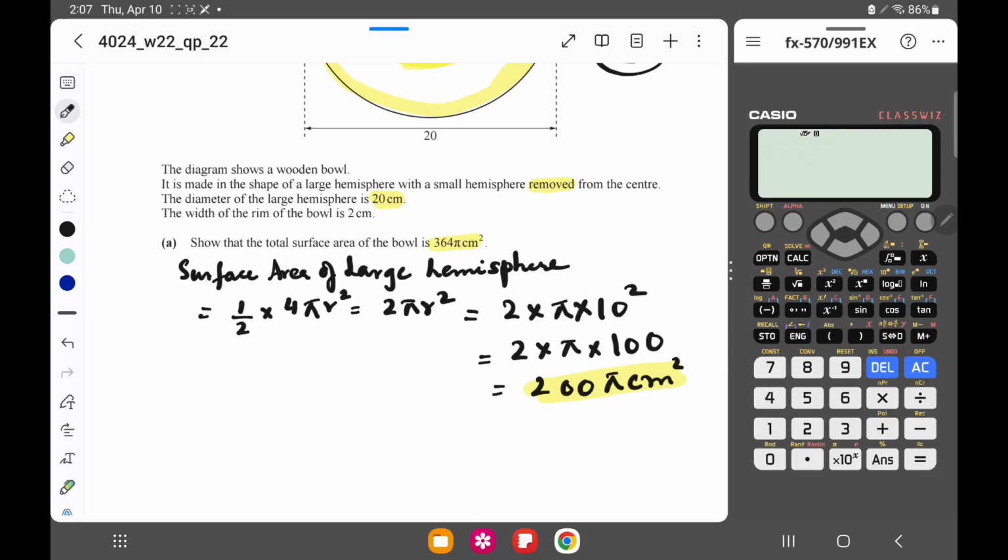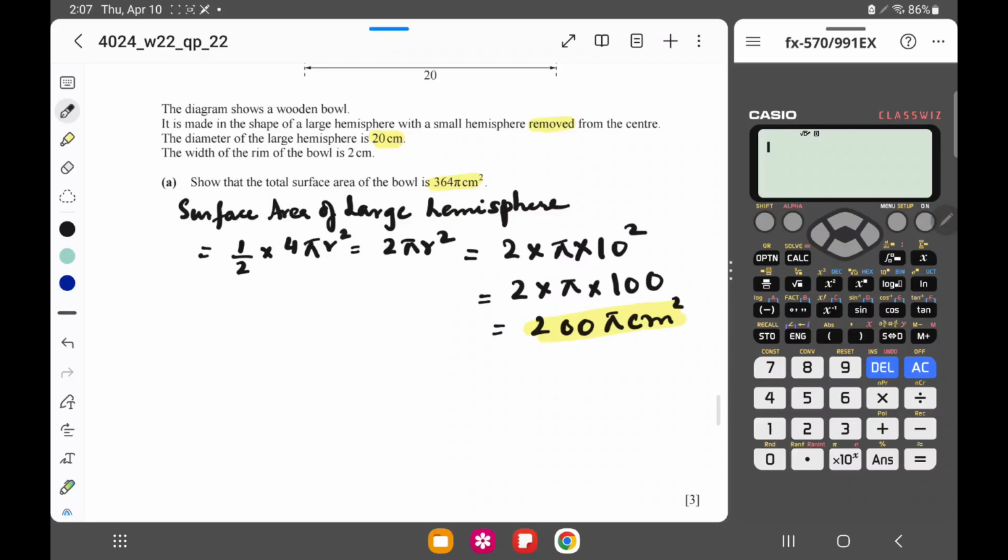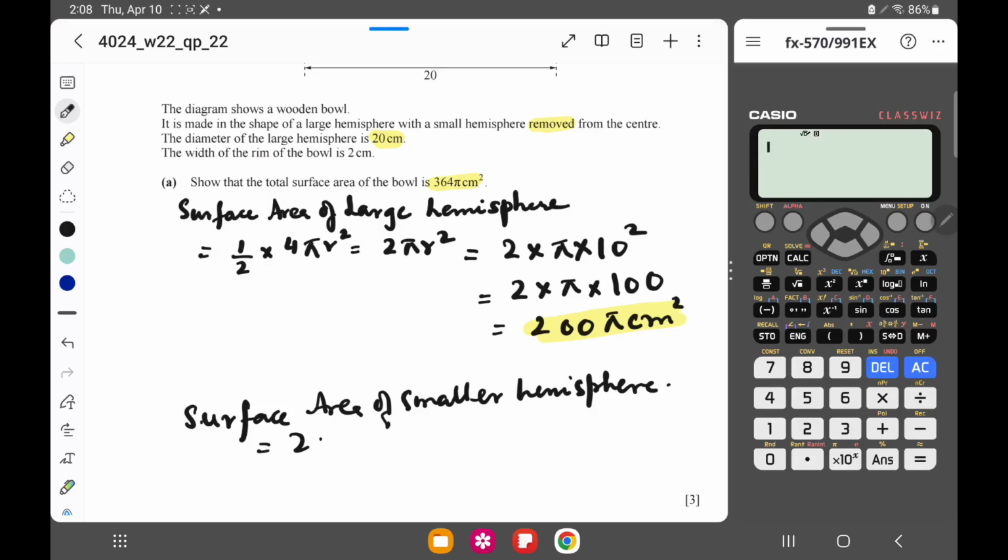Now, for the total surface area, find the surface area of the smaller hemisphere. It is also half of 4 pi r square, which is 2 pi r square. Find the radius.